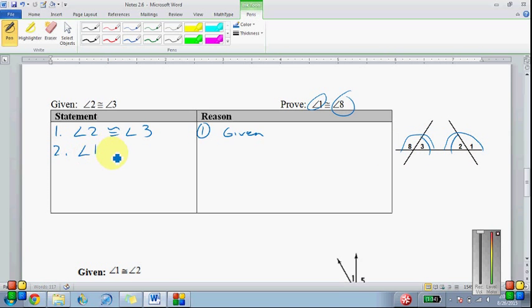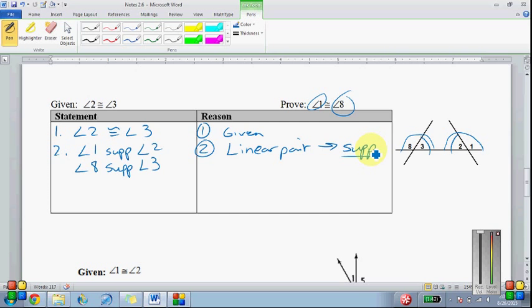So angle 1 would be supplementary to angle 2, and angle 8 would be supplementary to angle 3. The reason is that those are both linear pairs, so linear pair means that they are supplementary. Remember, this arrow means if then, so if linear pair, then supplementary angles. So 1 is supplementary to 2, 8 is supplementary to 3.